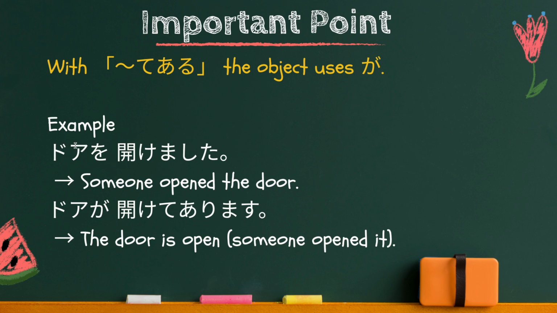In this case, after the door, the object, you can use the を particle as usual, but this time with this grammar format, the door is open, you need to use the が particle instead. ドアが開けてあります。Someone opened it, and the result still remains. So with this grammar format, てある, use the が particle after the object instead.